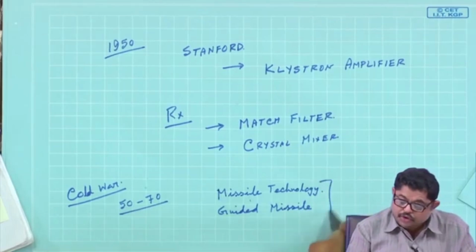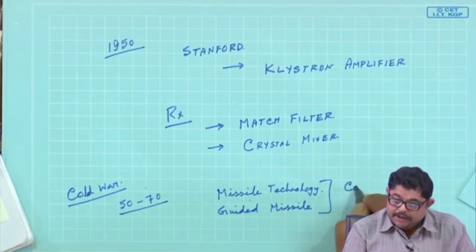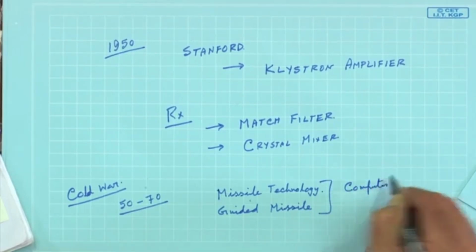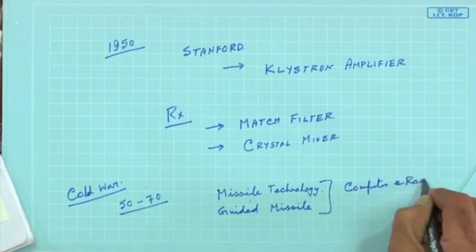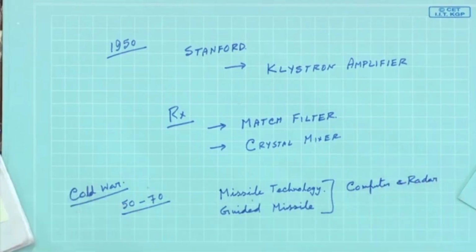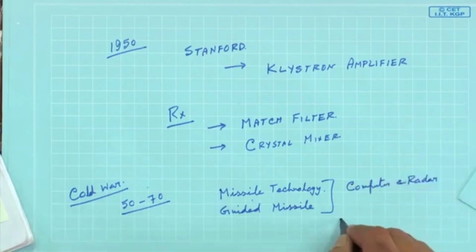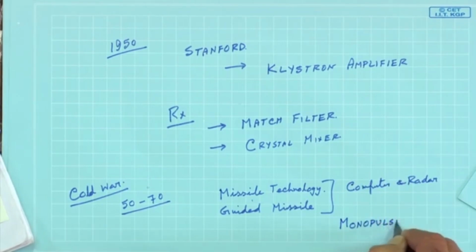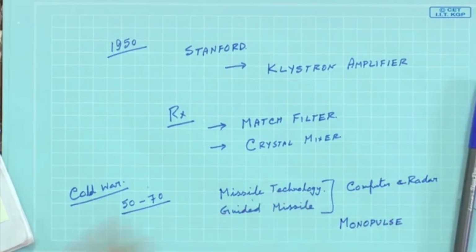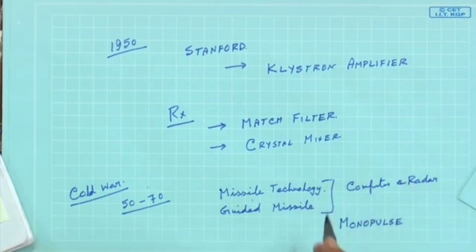So in this time, computer and radar got merged, and with the help of that, very good tracking started. We will see the monopulse concept. Monopulse is a very good tracking technique, where you can very precisely detect the angular location of an object.